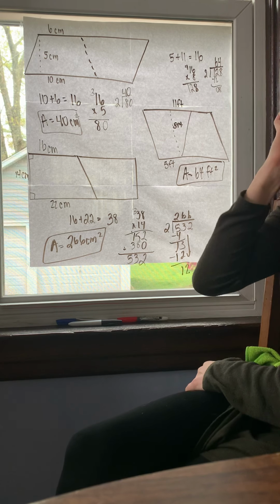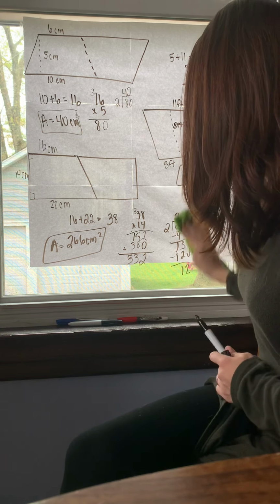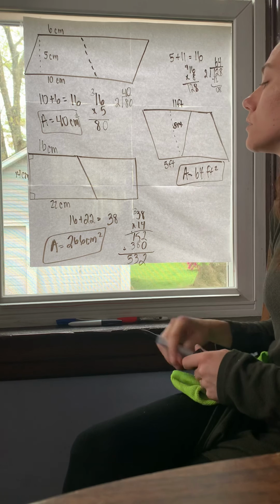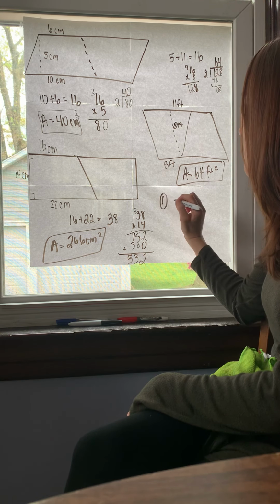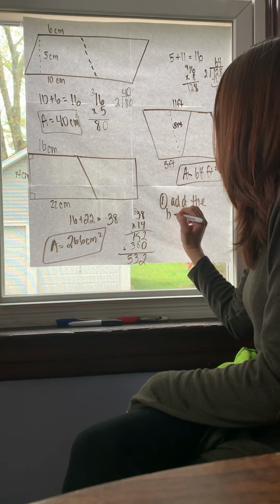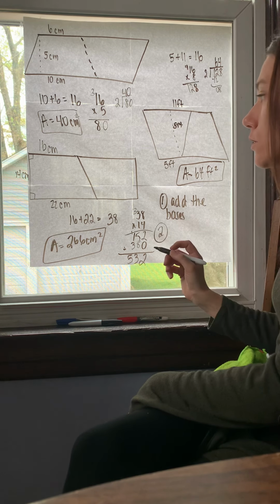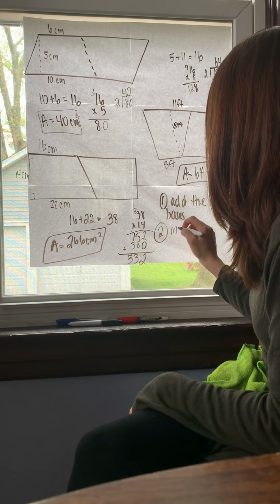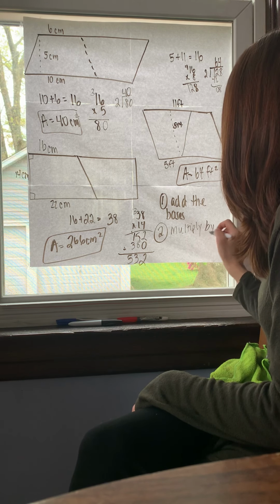So I'm going to erase this and write the formula that you need to do. Step 1, add the bases. Step 2, you are going to multiply by the height.